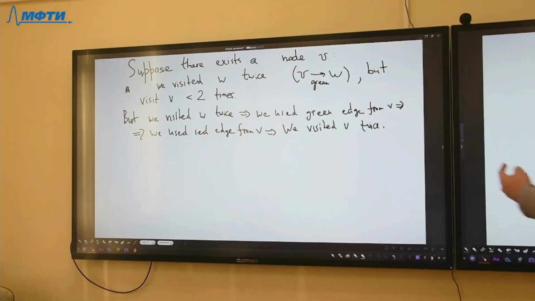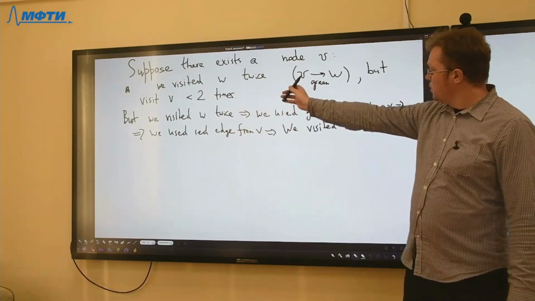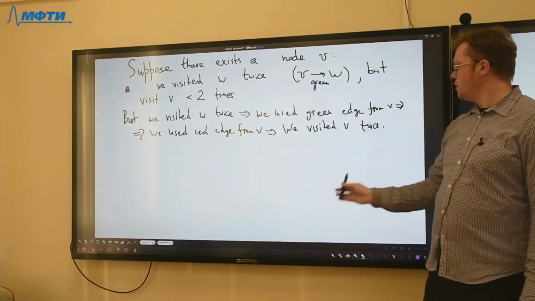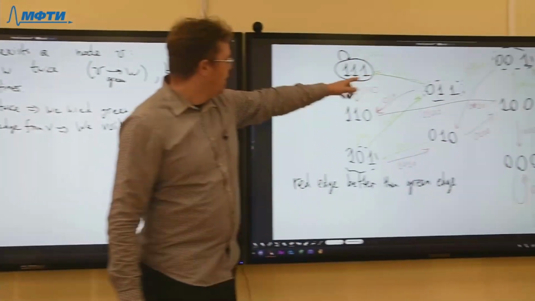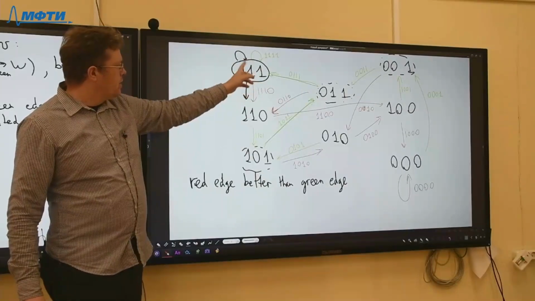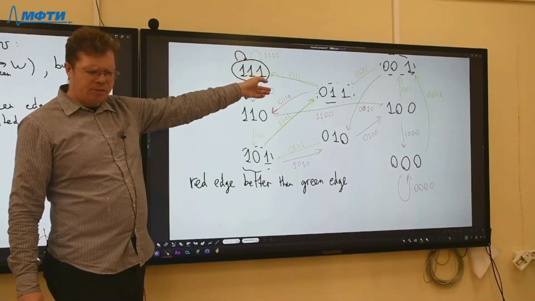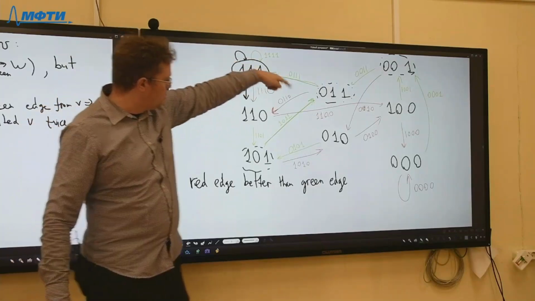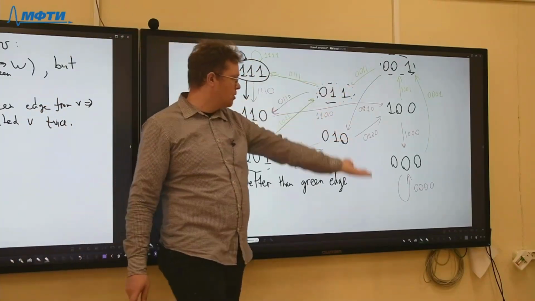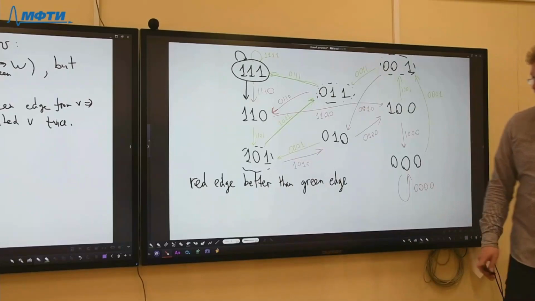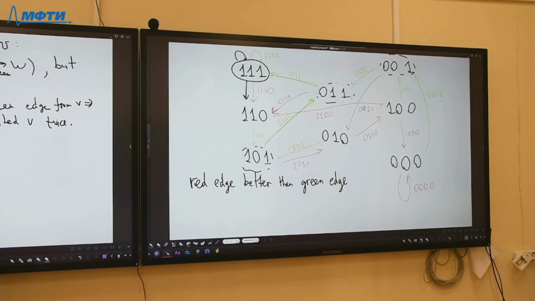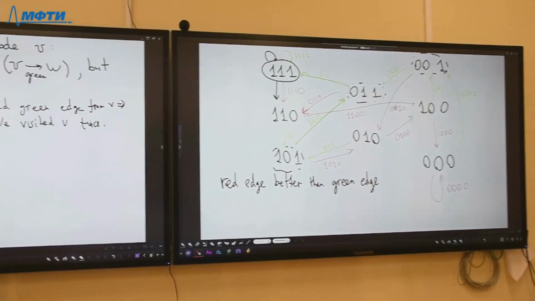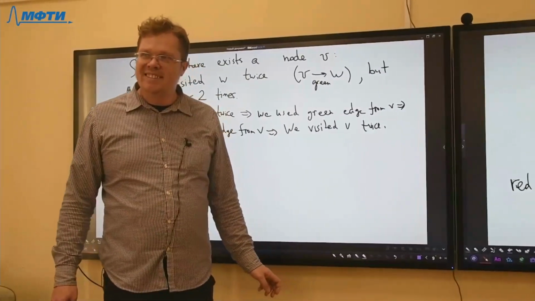So if we visited some node twice, that means that all previous nodes that go from this using the green edge, we already visited twice. And so if we have a green tree and we visited the terminal leaf of the tree twice, it means that we visited all the previous nodes twice, which means that we visited all the edges. Okay, I think I just repeated the same argument two times. So maybe we can think about it. Understand? Maybe you have questions?